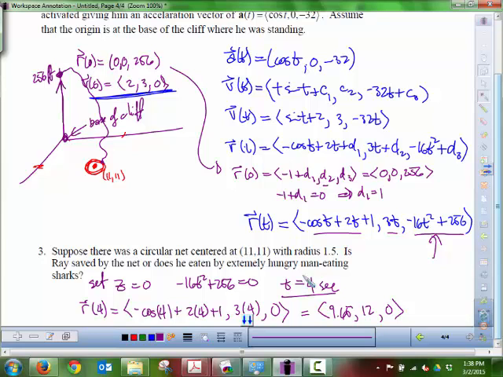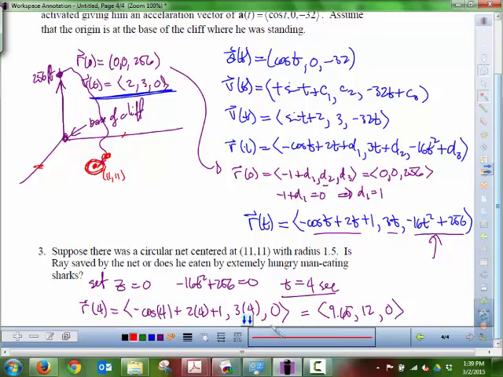It's hard to add vectors and scalars. Well, I'm landing somewhere, right? So I might be interested in finding the distance from 11, 11 to where I landed, and then if that distance is bigger than the radius, then out of luck, right? So let's do that.